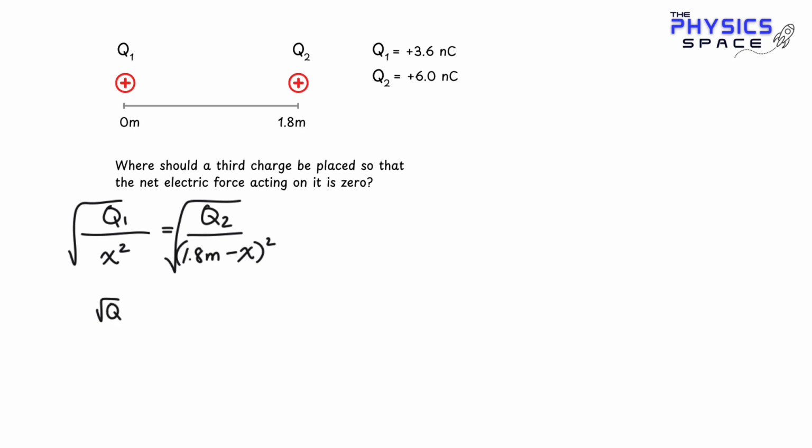So we have the square root of Q1 over x and the square root of Q2 over 1.8 meters minus x. Next we'll cross multiply, and then we'll go from there. Again, we're just trying to solve for x. We have Q1, we have Q2. So let's see what we do.